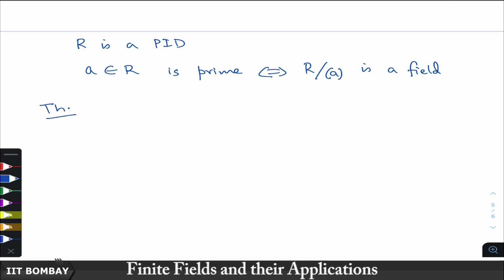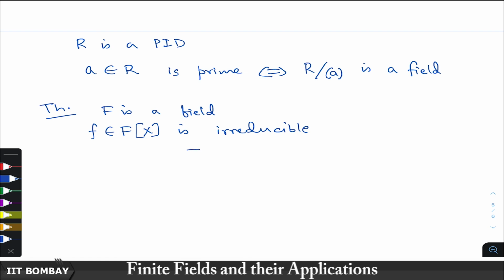Polynomials are of special interest to us. So, let us write down that result. F is a field and f in F[x] is a polynomial which is irreducible. This is if and only if F[x] by the ideal generated by f is a field.